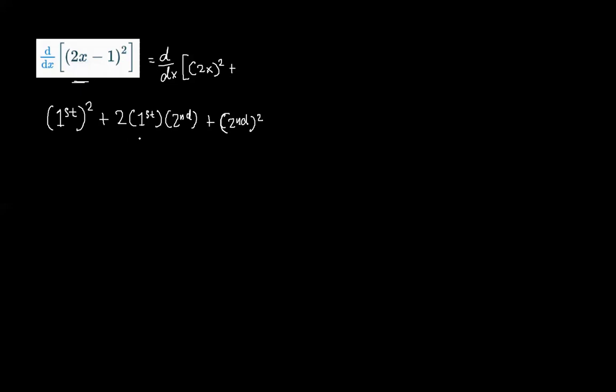The second step here is 2 times the first term times the second term. So this is 2 times the first term, which is your 2x, times the second term, which is negative 1. That's it. Then lastly, you're going to square the second term, which is squaring negative 1.